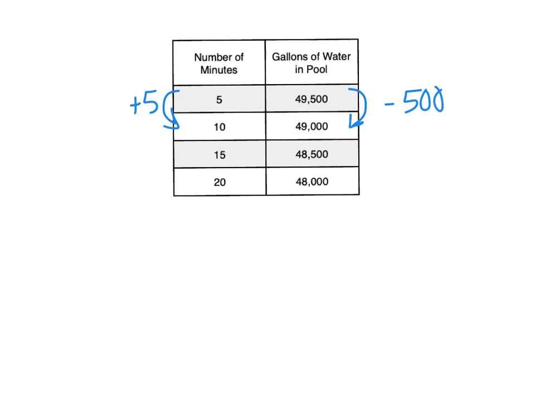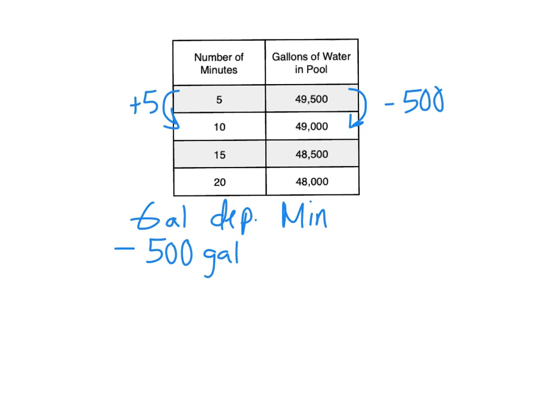So when we look at my unit rate, the number of gallons depends on how long it's getting drained, so the number of minutes. So it goes down 500 gallons in 5 minutes. Again, we want a unit rate, so we needed to get it to be 1 minute.